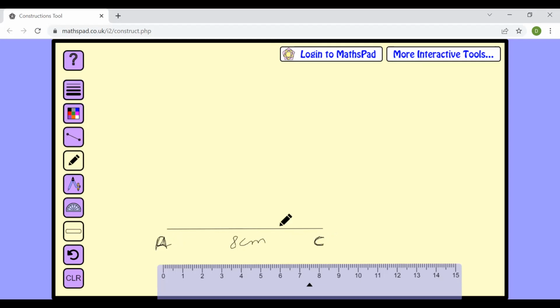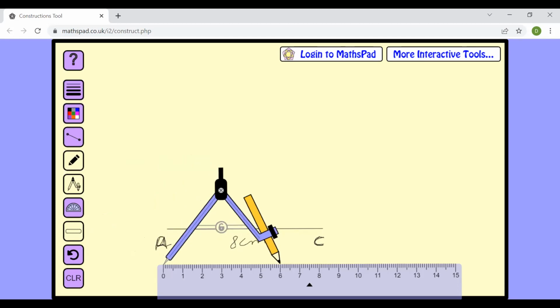Now, you have to take the compass and open the compass to 6 centimeter. Keep the needle of the compass at 0 and open it up to 6 centimeter.